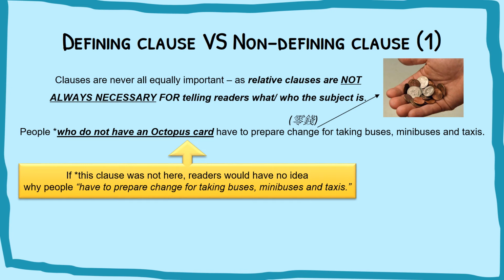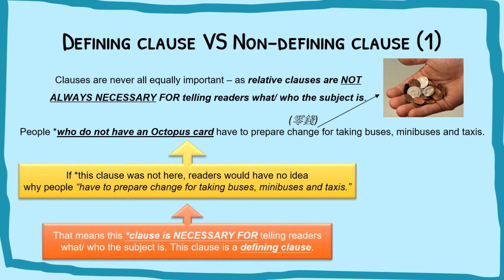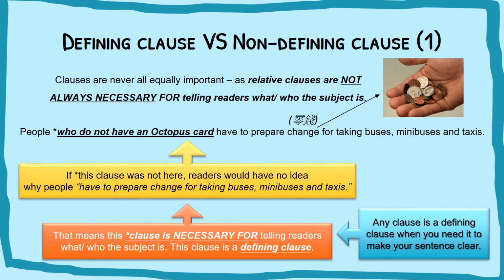If this clause was not here, readers would have no idea why people have to prepare change for taking buses, minibuses, and taxis. And that means this clause is necessary for telling readers what or who the subject is. So this clause is a defining clause. To put it another way, any clause is a defining clause when you need it to make your sentence clear.